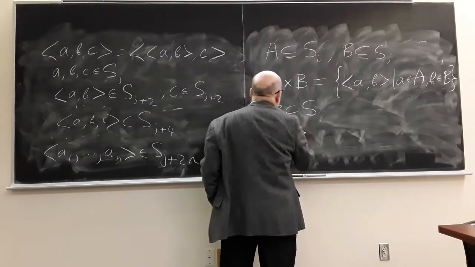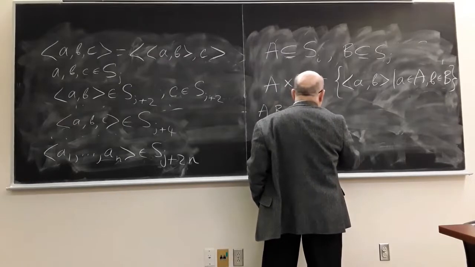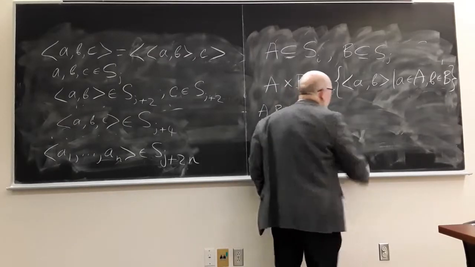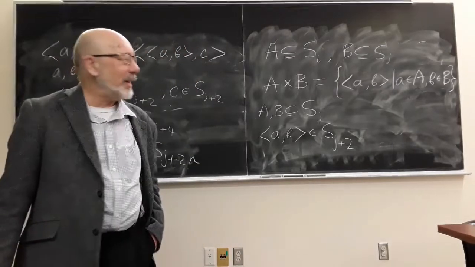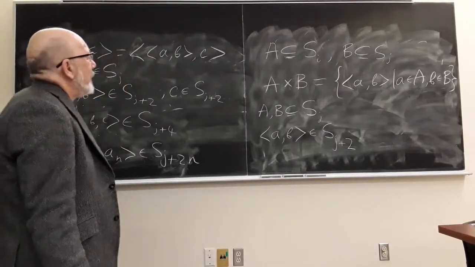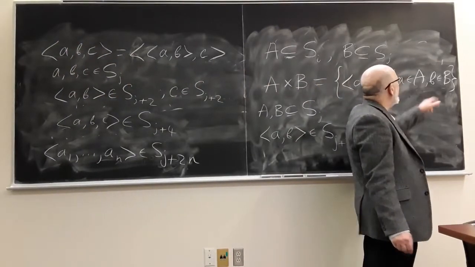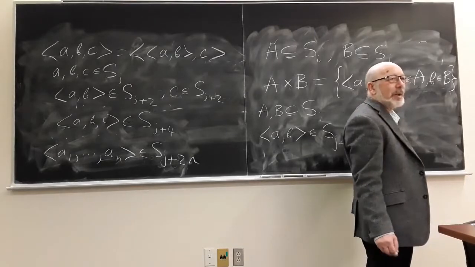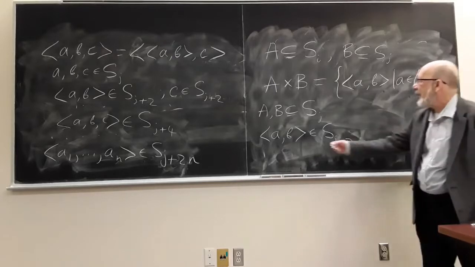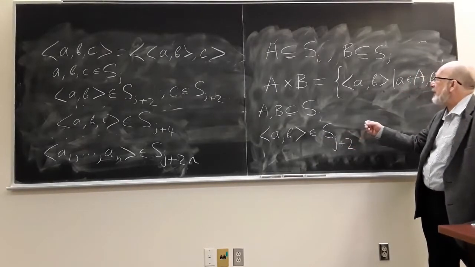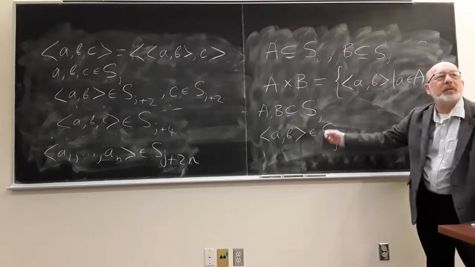Then (a, b) is an element of Sj plus 2 for any a and b. If it is an element of Sj plus 2, and here you have some set of these elements, so we have some subset of Sj plus 2.